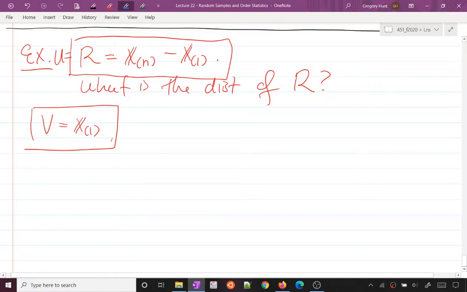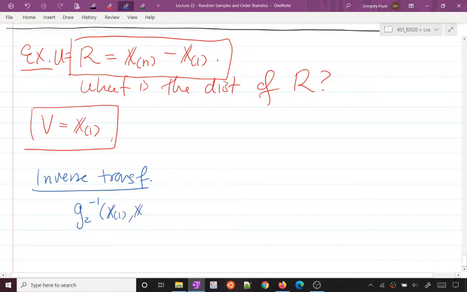So first we want the inverse transformation. Obviously the inverse, G1 inverse, of the minimum and the maximum is just V. So I go from, let's say, x1, comma x of n.